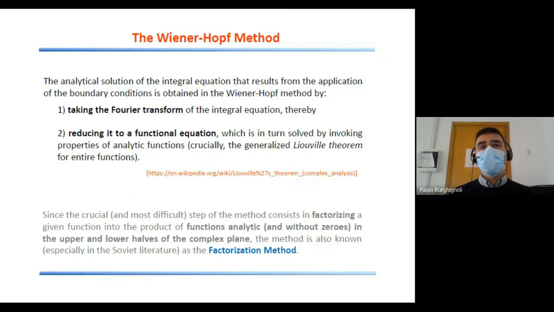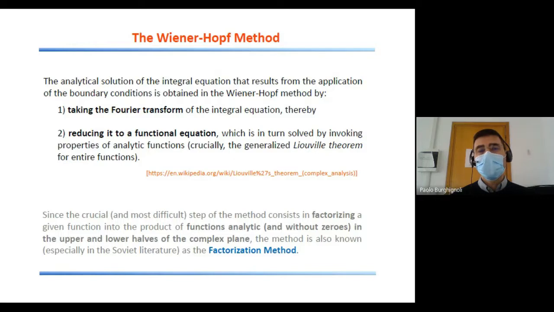Now, in short, the analytical solution of the integral equation that results from enforcing the boundary condition is obtained using the Wiener-Hopf method, by Fourier transforming the integral equation, and therefore reducing it to some kind of functional equation, which is solved by invoking particular properties of the analytic functions, and in particular, the crucial property is the Liouville theorem for entire functions.